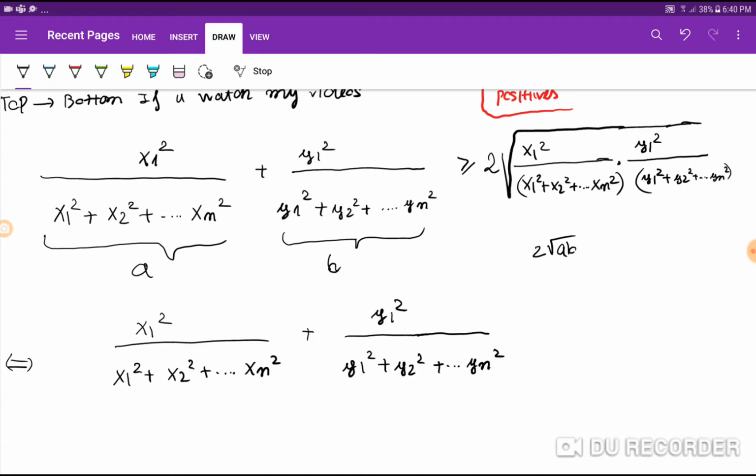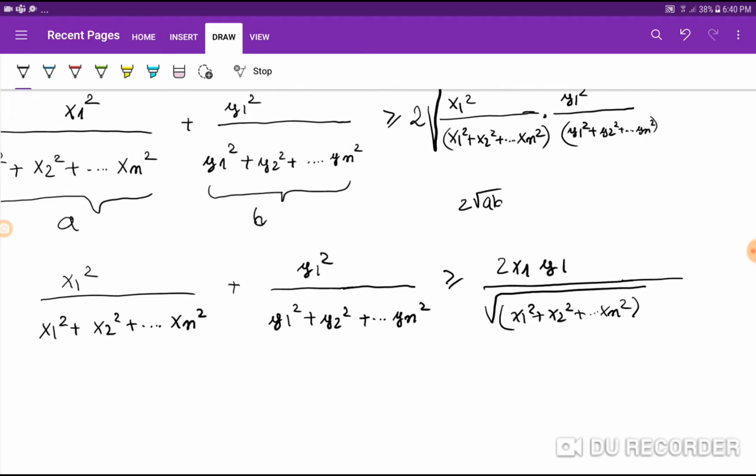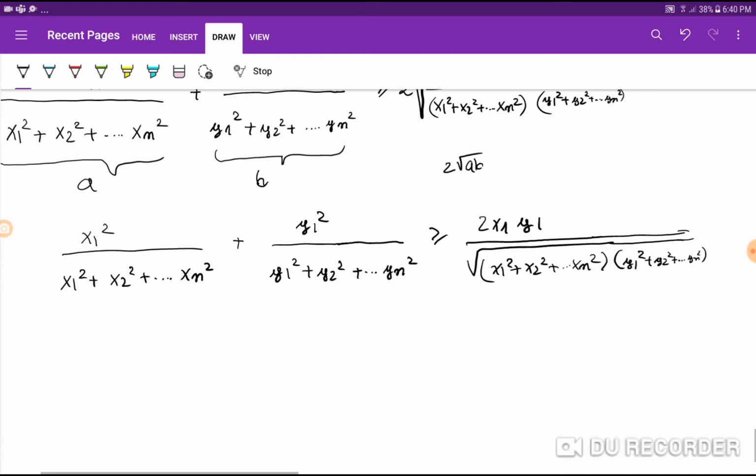The goal: this is greater than or equal to 2x1 y1 over the square root of x1 square plus x2 square plus all the way to xn square times y1 square plus y2 square plus all the way to yn square. So that's what we arrive at.